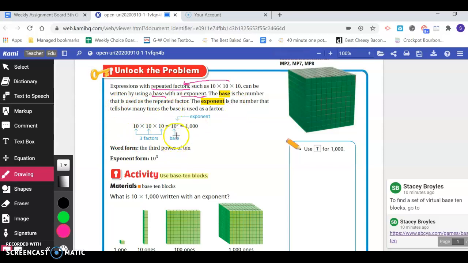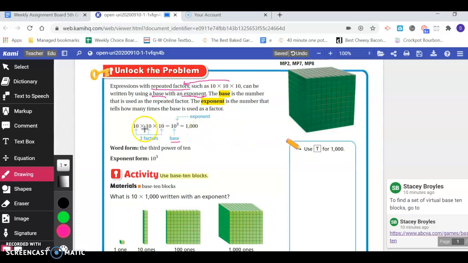So here we have 10. See, 10, base, right there. And then the exponent is the number that tells how many times that base is used as the factor. And that is written as a tiny little number always to the right. It's always very small. It floats up there. Okay.